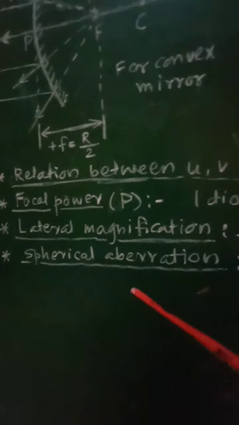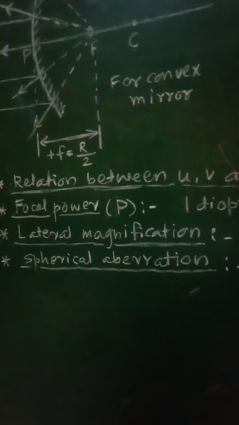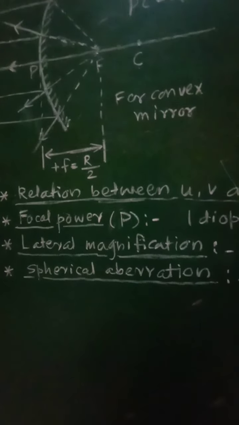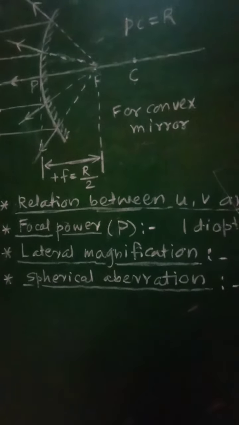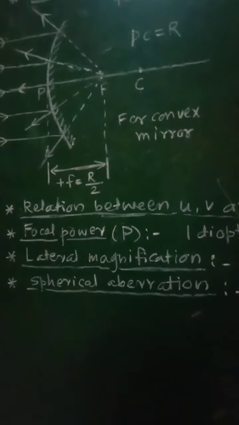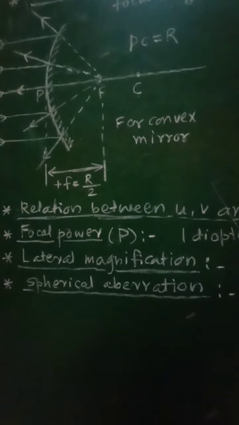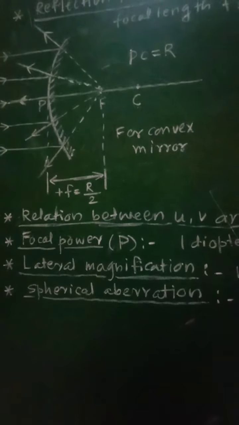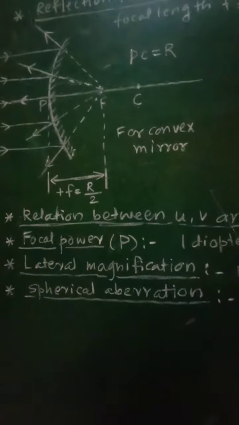And now let us go for the next point, that is, what is spherical aberration, the defect. So when the rays are far away from the principal axis, then the focus gradually shifts towards the pole.